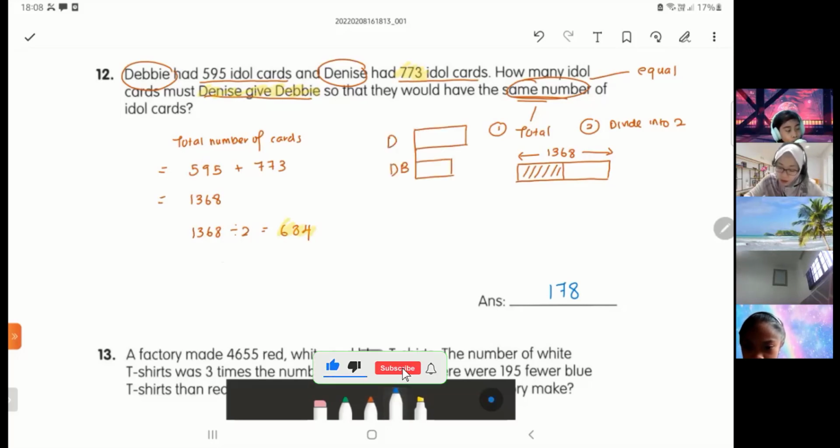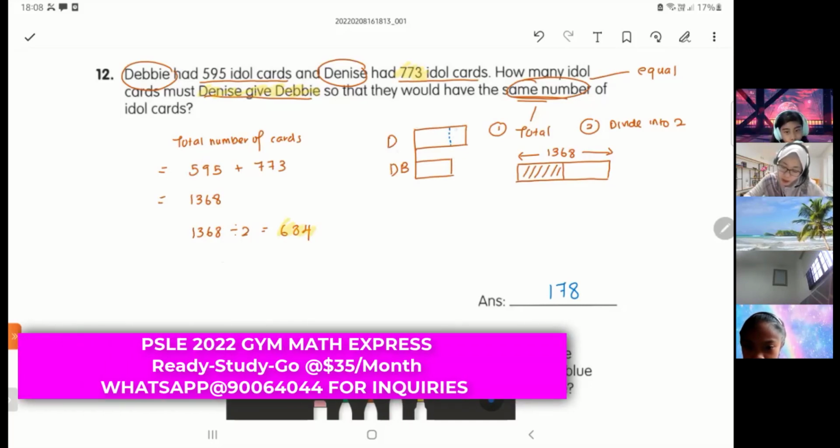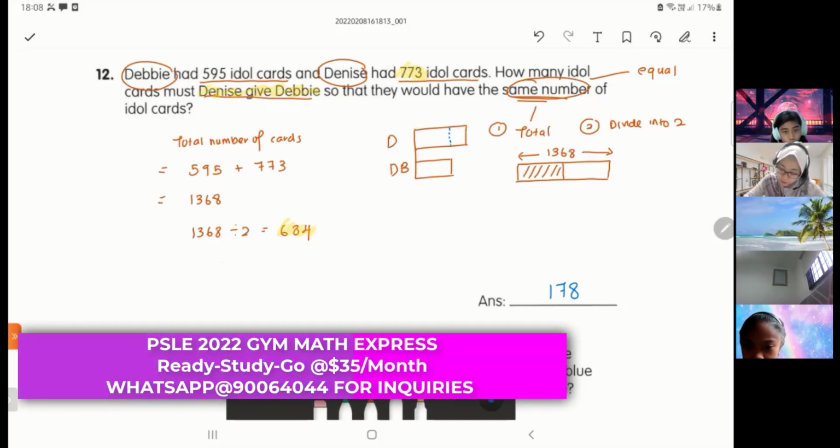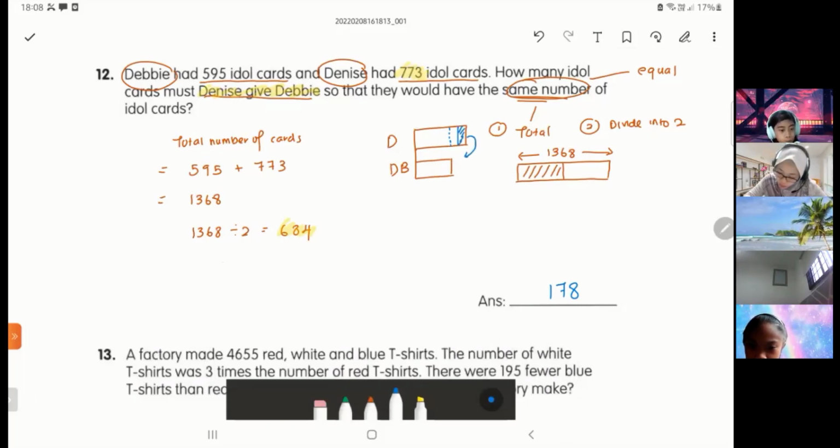So there is this part a bit more here, which I need to give to Debbie so that they have equal parts. Can you see the shaded blue part? Then they have equal parts. Then look at my yellow line. Now they're equal. Then the model is the same.